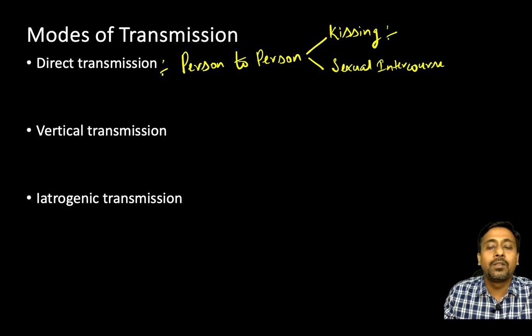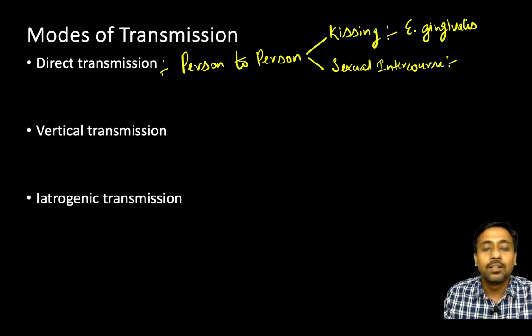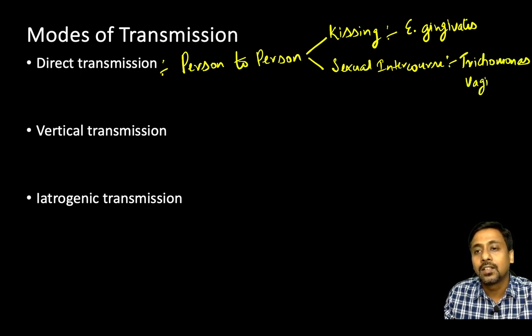A common example of transmission of infection through kissing among protozoan parasites is Entamoeba gingivalis, and the common example of sexual transmission among protozoan parasites is Trichomonas vaginalis.